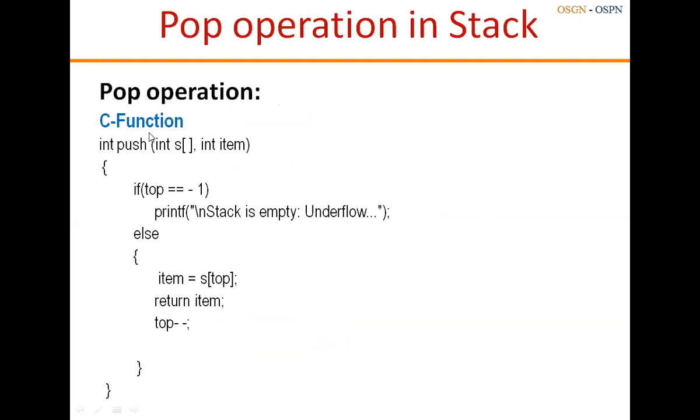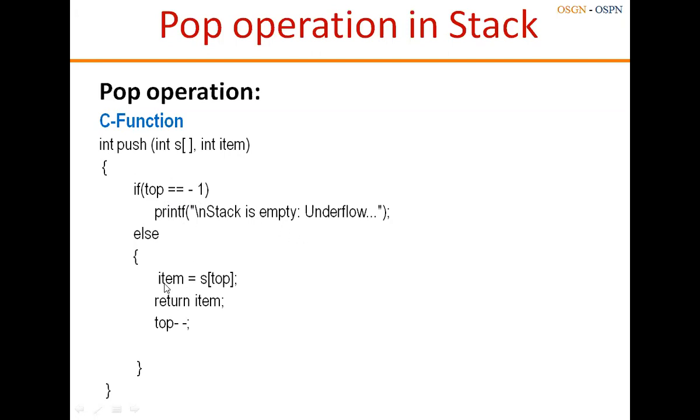Now this is the C function for pop operation. So this is the function name: int pop, int s star, and then int item. The item deleted will be stored here in this variable item. Now I'm checking the condition: if top equals -1, then print this message that the stack is empty, underflow.